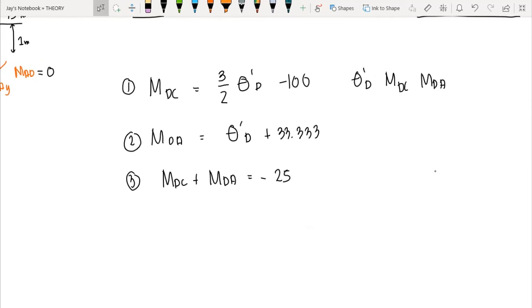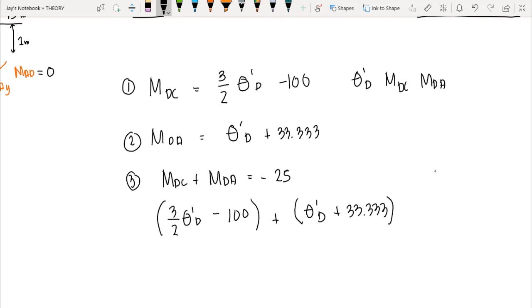Now, we can substitute the equations for MDC and MDA. So we have 3 over 2 theta prime D minus 100. So this is our MDC, plus we have theta prime D plus 33.333, and this equals negative 25.